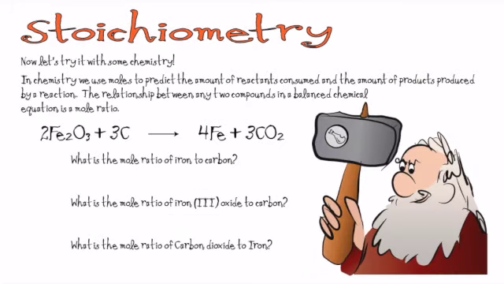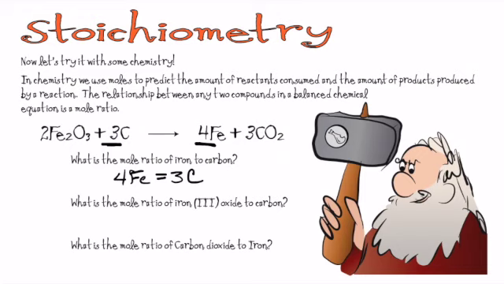Now let's try it with some chemistry. In chemistry, we use moles to predict the amount of reactants consumed and the amount of products produced by a reaction. The relationship between any 2 compounds in a balanced reaction is a mole ratio. So what is the mole ratio of iron to carbon? Iron has 4, carbon has 3. So for every 4 moles of iron that are produced, 3 moles of carbon are consumed.